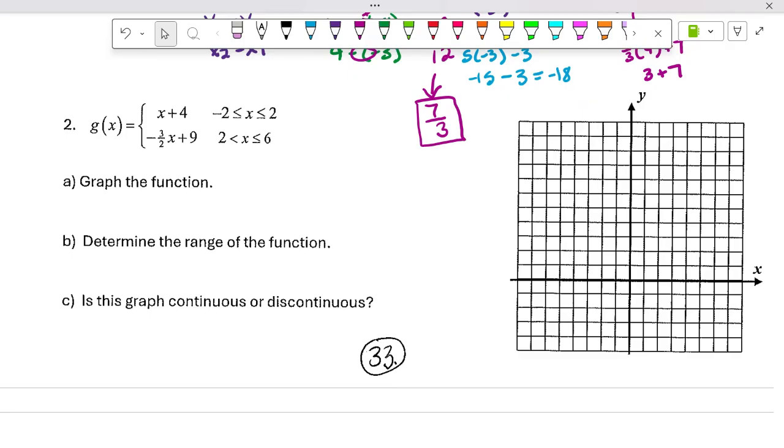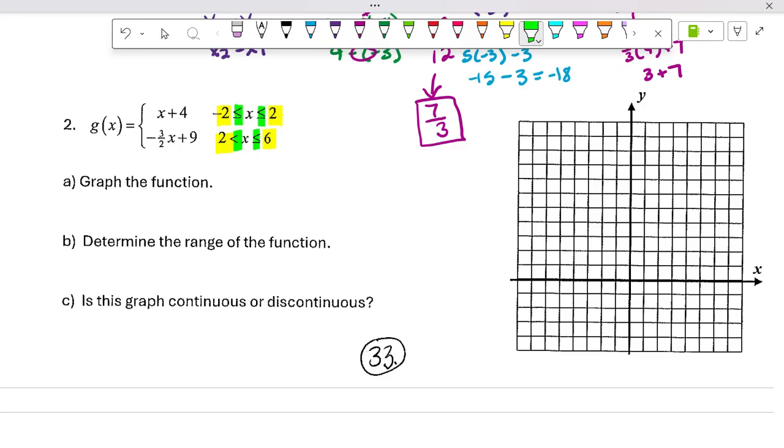Now, the thing with piecewise is you always want to identify your endpoints, which are always the pieces on the domain. You also want to identify whether you're going to have an open or closed circle. And remember, the way you identify that is based off of the inequality symbol that's immediately next to it.